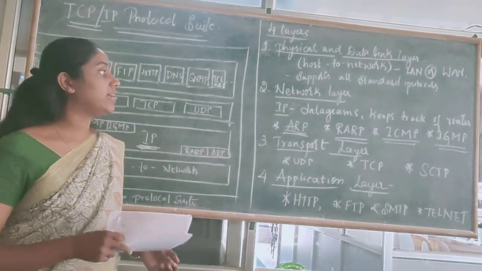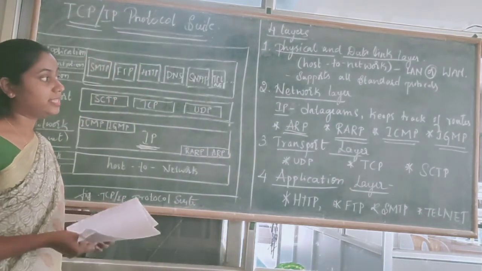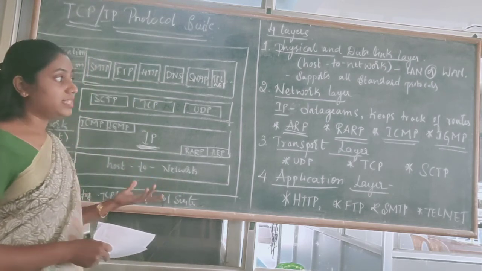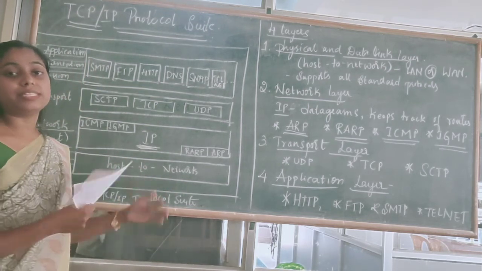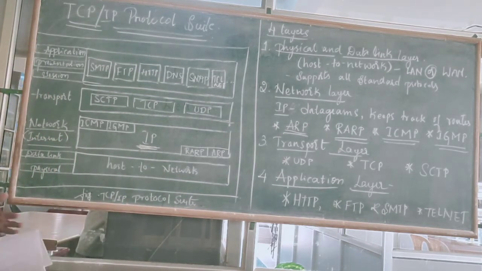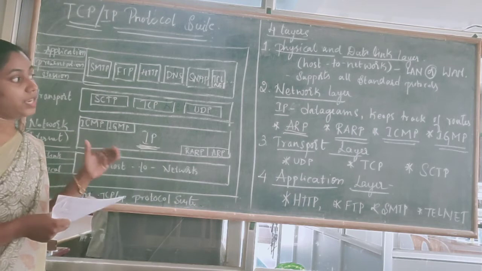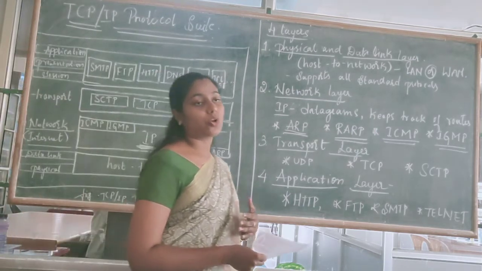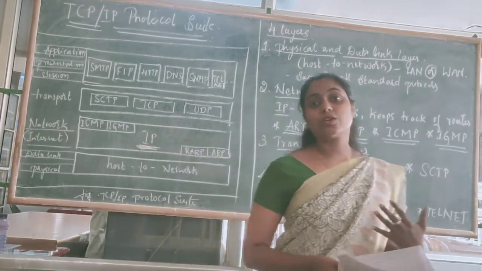Okay, so ICMP means Internet Control Message Protocol. It helps in sending error reporting messages. And the last one is IGMP, that is Internet Group Message Protocol. What happens in Internet Group Message Protocol?